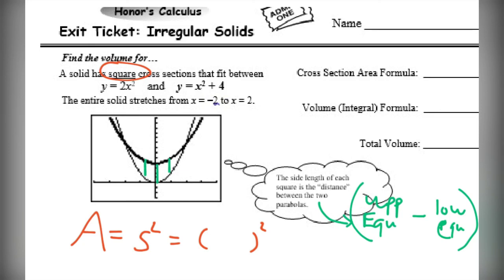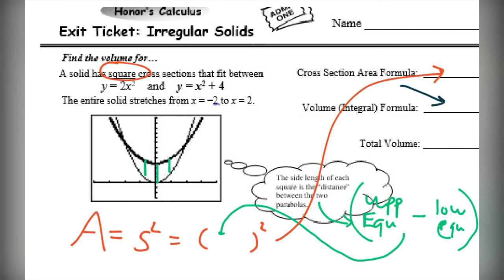Now, remember, the distance between your two equations is actually going to be your side length. So you're going to have to carefully take whatever you find here and then plug it into your area formula. That area formula is what ultimately should be simplified and put here so that you then can turn it into an integral and then, of course, end up with that final volume.